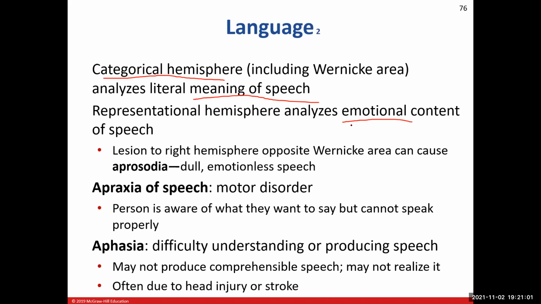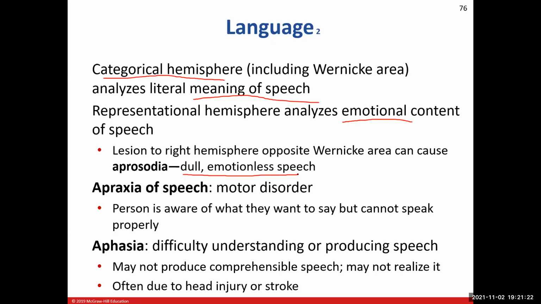So if you were to lesion, all right, your right hemisphere, then you can get what we call aprosodia, which is that emotionless speech, kind of like what I was trying to impersonate earlier when I told you that you won the lottery.